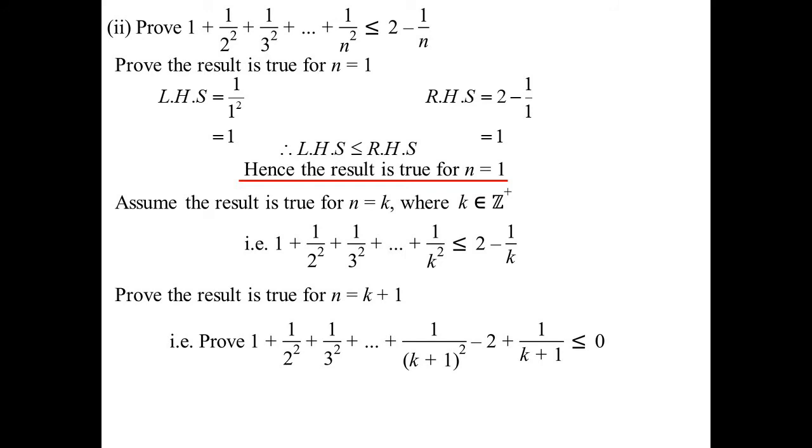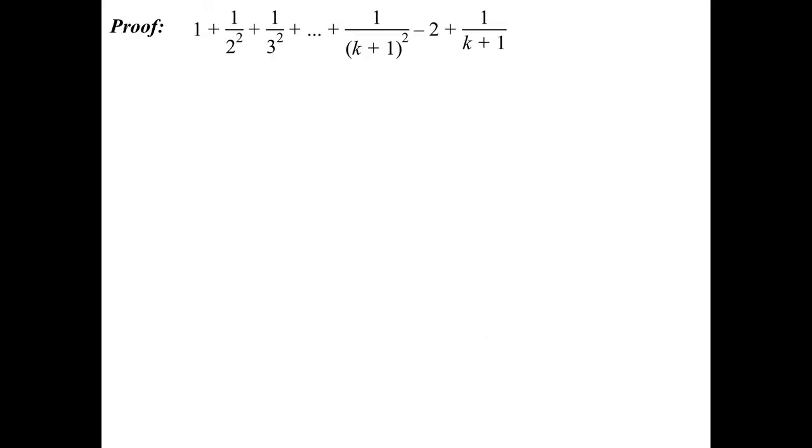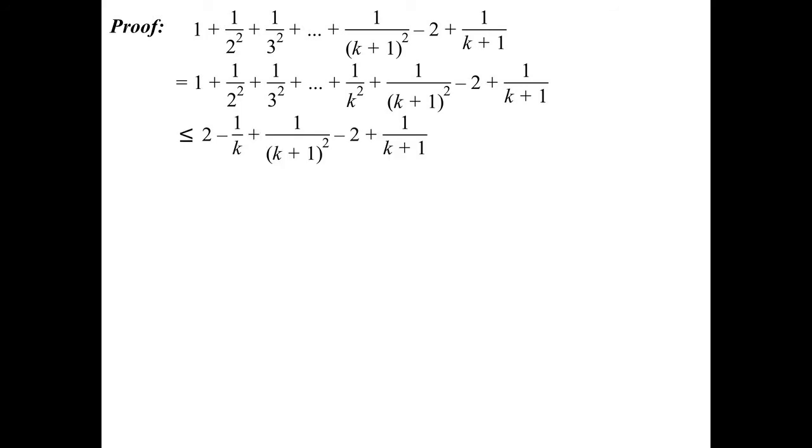Again, I'm going to use the idea. Let's move everything to the left-hand side. This time I'm going to try and show that expression's always negative. So I'll add in the second last term of the series, because that was our assumption. So I can now assume that that is 2 minus 1 on k plus 1 on k plus 1 squared, minus 2 plus 1 on k plus 1. Well, 2 minus 2, that's nice, that goes.